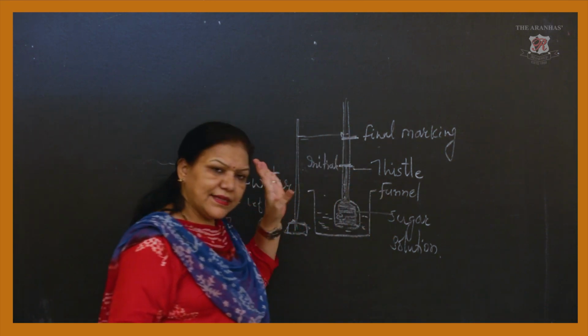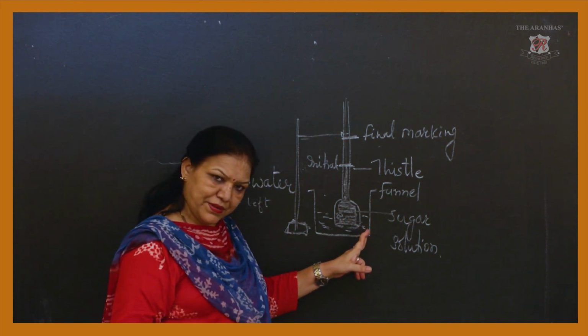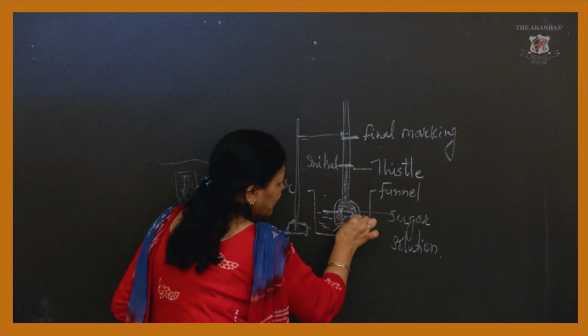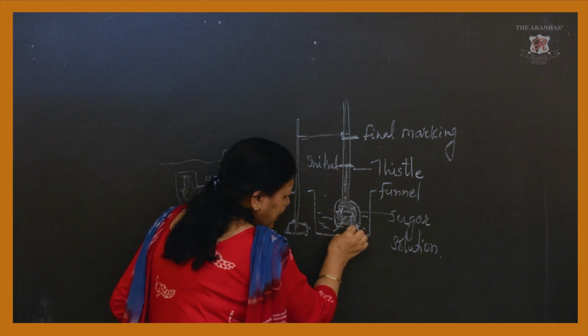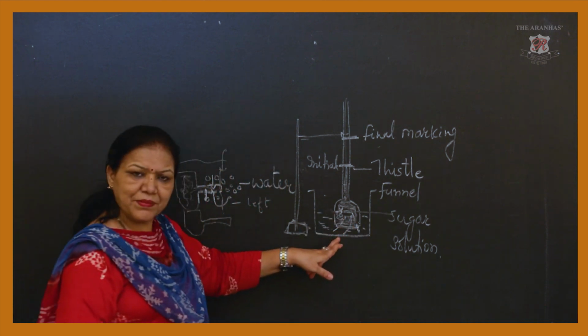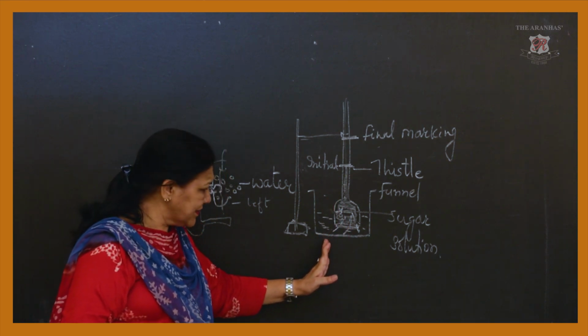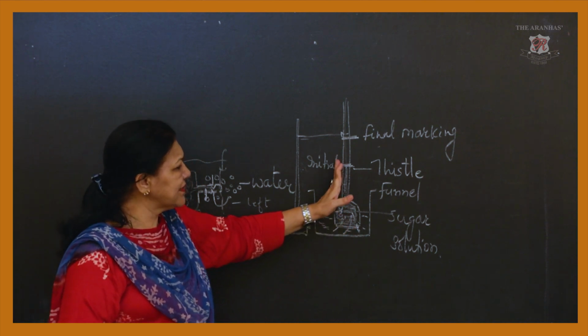So what exactly has happened over here? Through this semi-permeable membrane, water is entering inside the thistle funnel. It is possible only from here because only here do we have a semi-permeable membrane. So water enters the thistle funnel and the sugar solution rises.